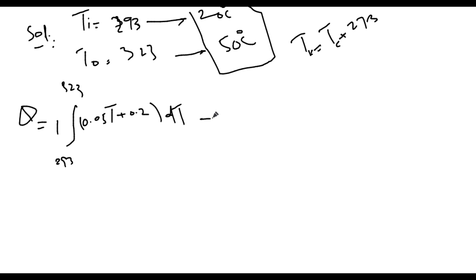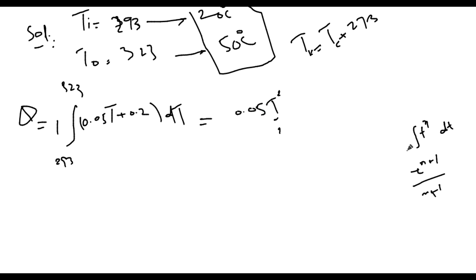So you may know the integration rules that 0.2 is constant, but what is the integration of T? It will be T square by 2. And this is the generalized formula that integration of T to the power n dT is T to the power n plus 1 divided by n plus 1.